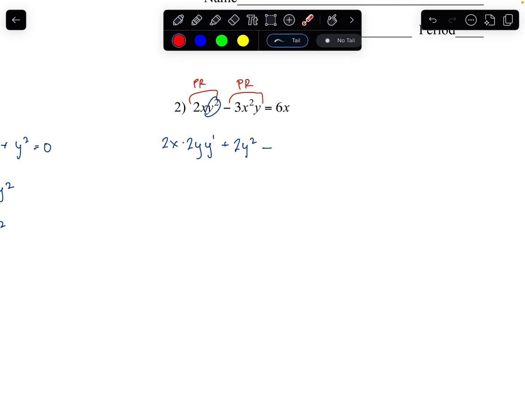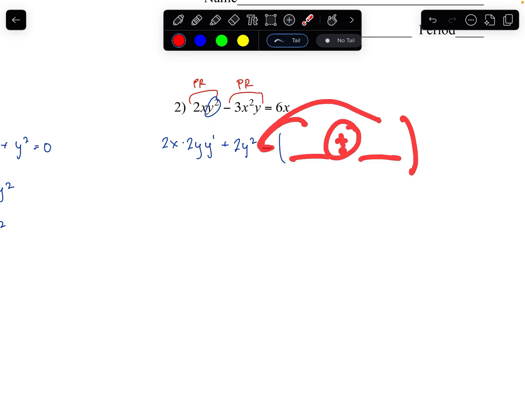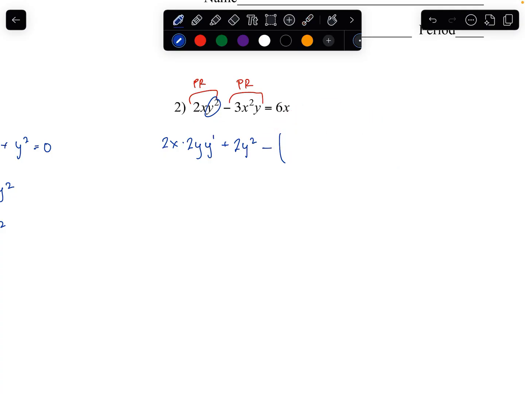Minus. This minus right here, I'm going to follow up with parentheses. That's always something that students tend to forget: when I use the product rule, I'm going to end up with two terms. And so the negative matters here because it would have to distribute, and that would change that sign right there. So just keep that in mind.